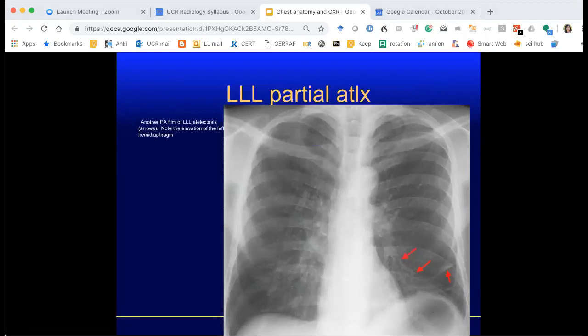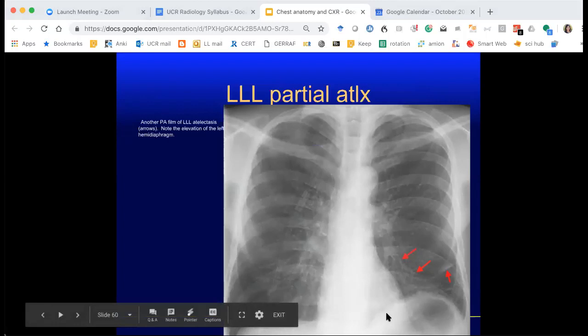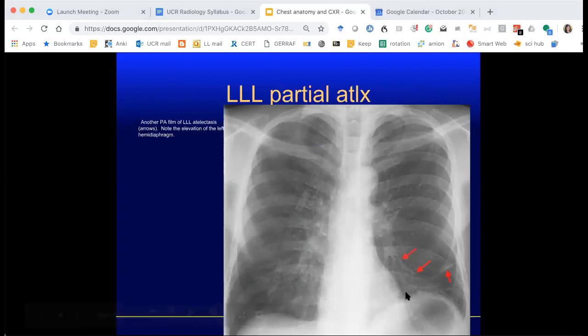We see the stomach bubble underneath it. So if the patient has not had procedures in the past that would cause them to have phrenic paralysis, this can probably be contributed to the atelectasis with the volume loss, causing the hemidiaphragm to be displaced superiorly.